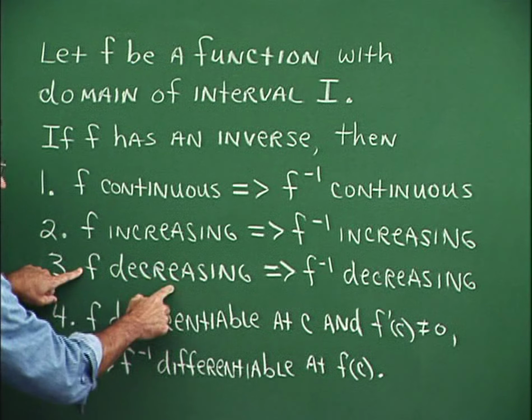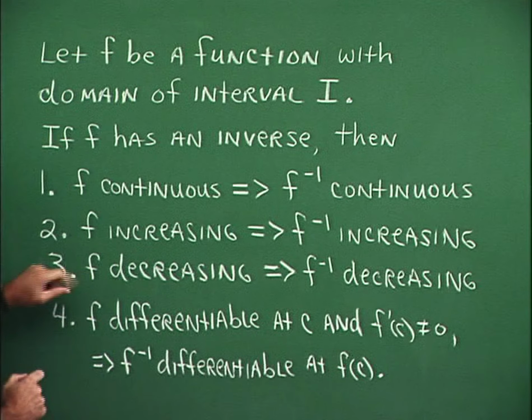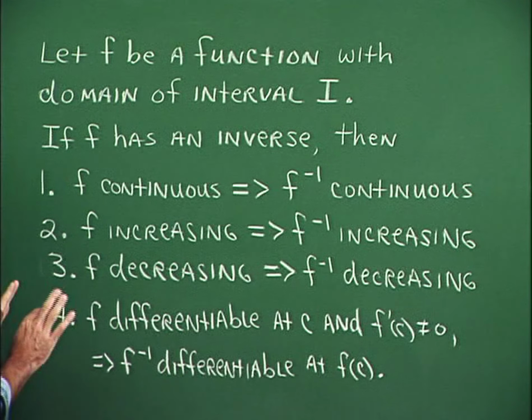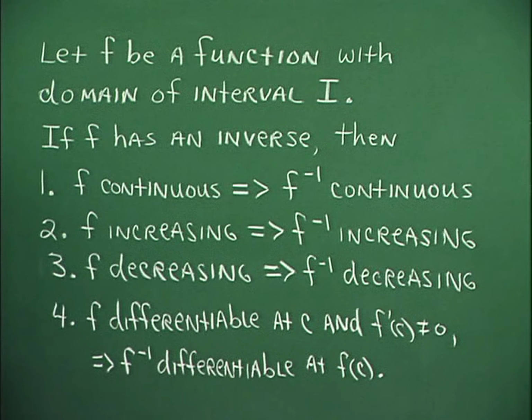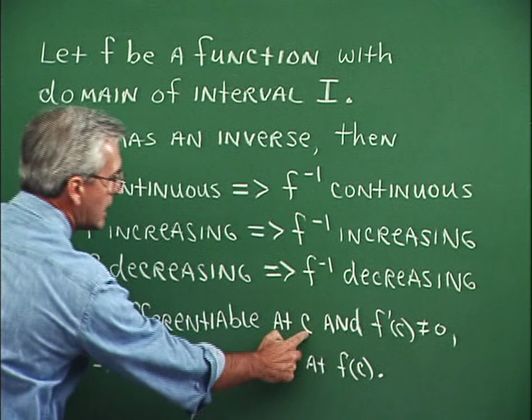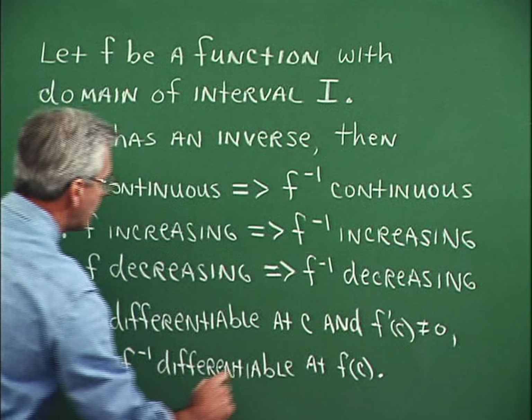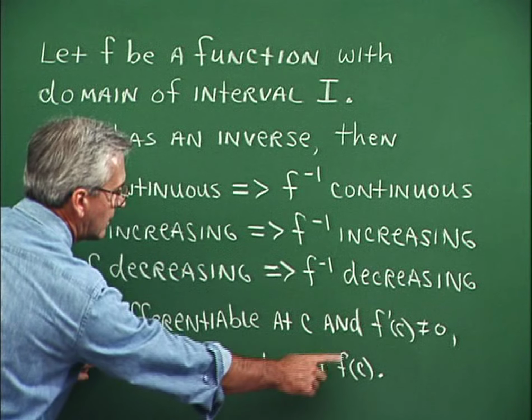If f is decreasing on its domain, then f inverse is decreasing on its domain. And here's the kicker sort of for us as we move this idea into the idea of derivatives and integrals and so forth. If f is differentiable at c and f prime of c is not 0, then f inverse is differentiable at f of c.